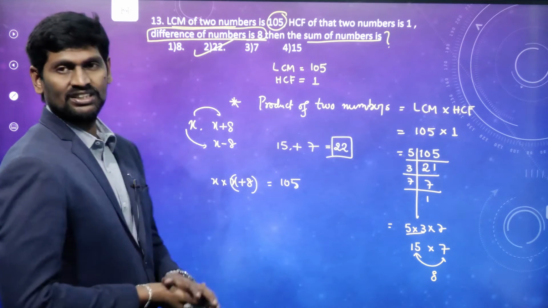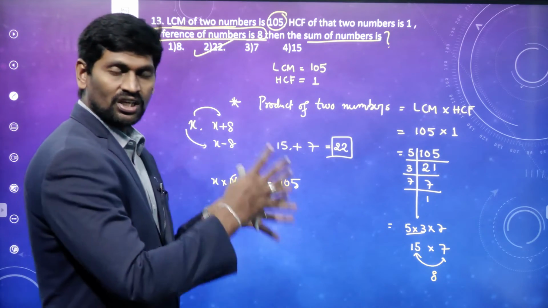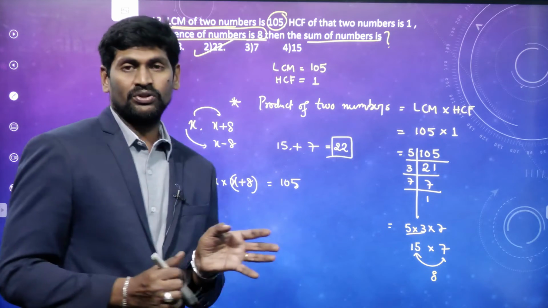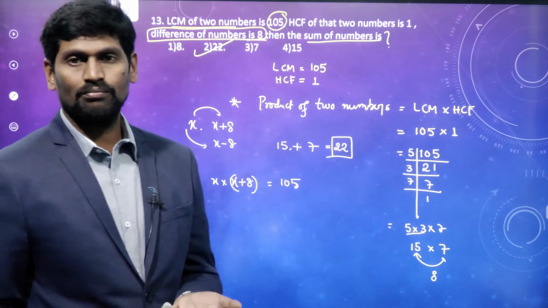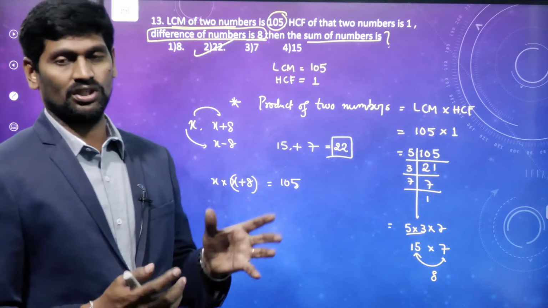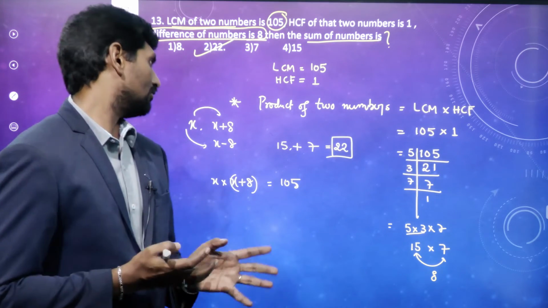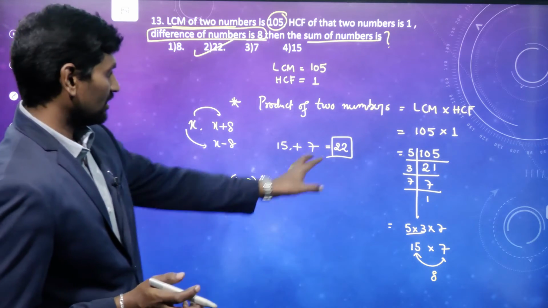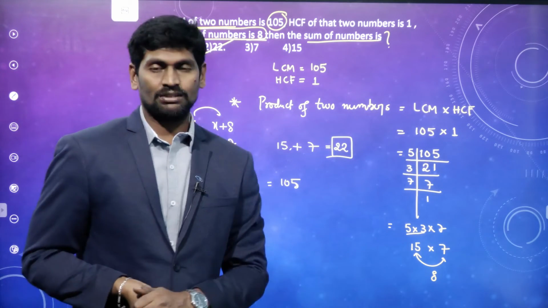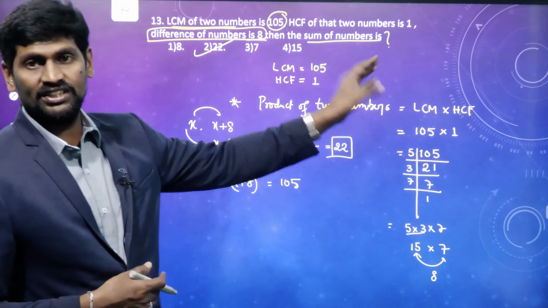If you simplify this, it will be a quadratic equation, and we need to solve it by the factorization method, splitting the middle term. That is a full process. But here we can use the relation between LCM and HCF.